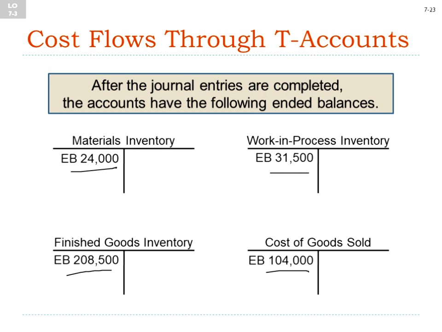And notice that all of these accounts have debit balances. Assets generally have debit balances, and expenses generally have debit balances. So all of these T accounts have their normal type of balances.